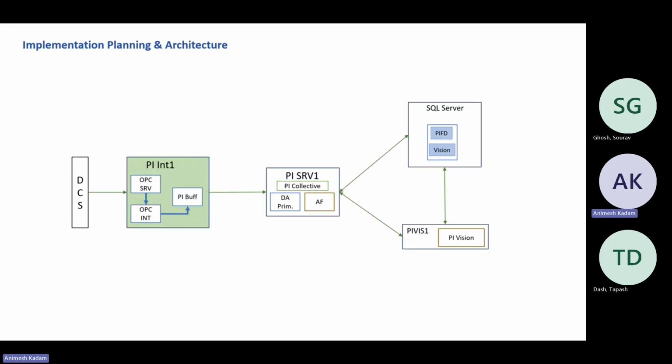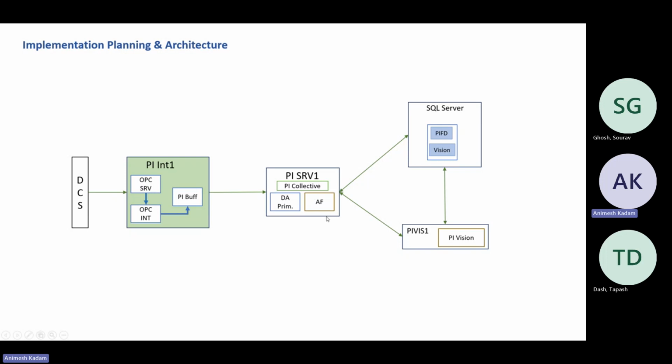And I have only shown you a simple Pi system here, like everything on the same server, which is not the case most of the time. It is only the case when it is a small, simple Pi system, what we call a small Pi system with 1000 tags and all.